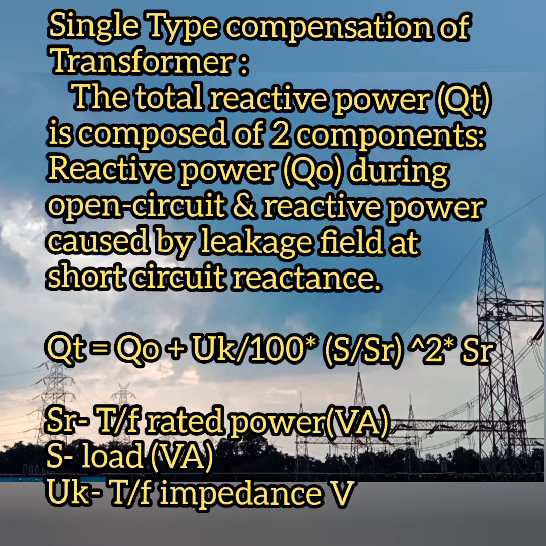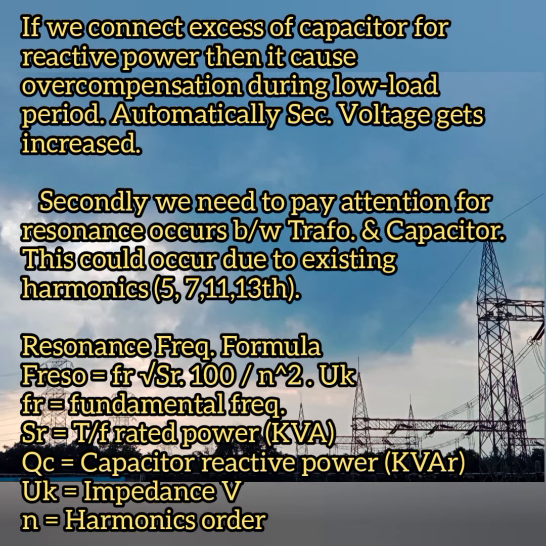So QT is equal to Q0 plus UK divided by 100 into S divided by SR, both squared, then into SR. Here SR is the transformer rated power, S is the load, and UK is the transformer impedance voltage. So this is the total reactive power finding for a transformer.